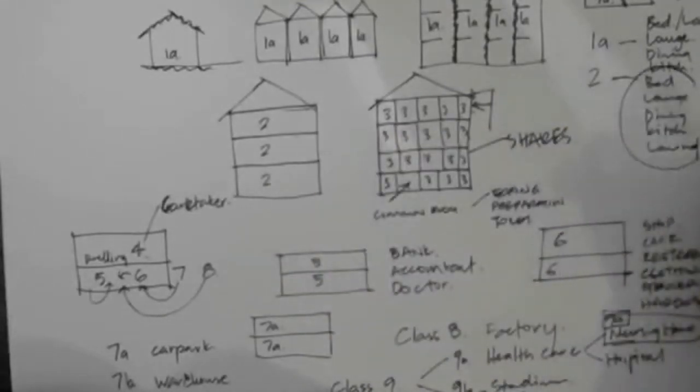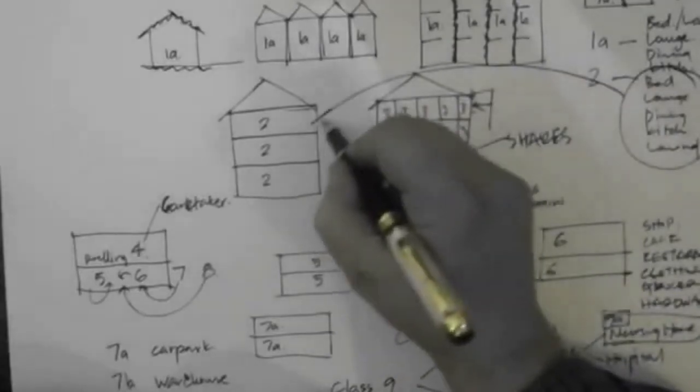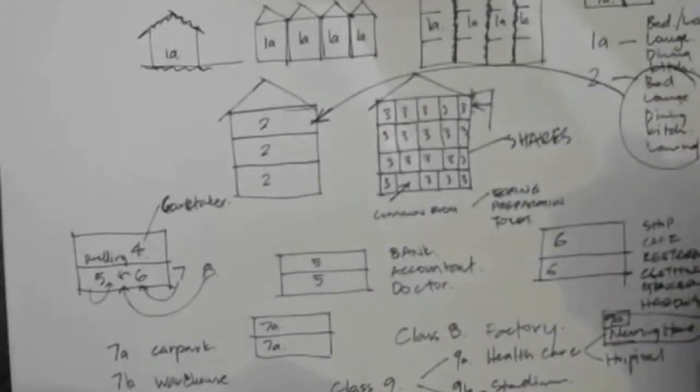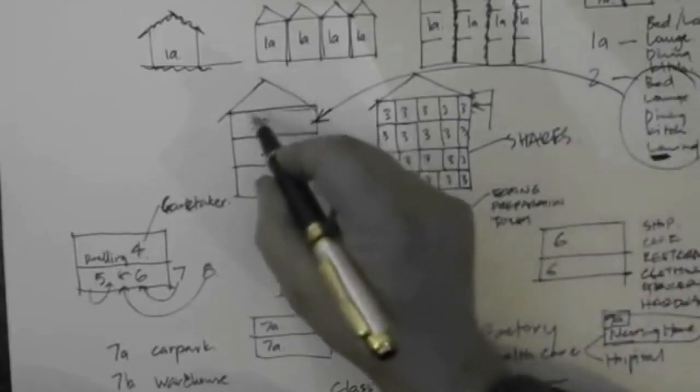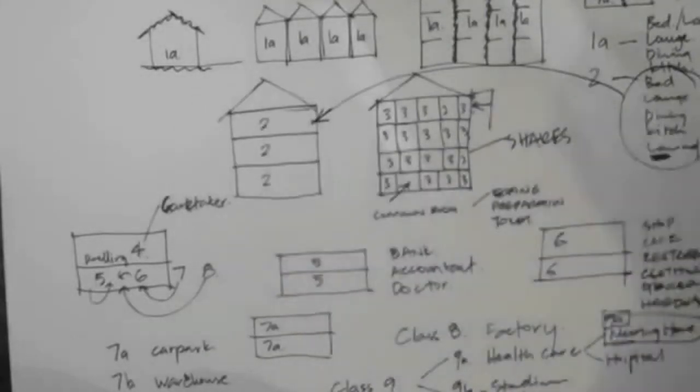So all these facilities are inside the class 2. Sometimes laundries can be shared, but generally speaking, the dining, kitchen, preparation of food, bed, lounge are all within the class 2, which is, I guess, what you would commonly know as an apartment.